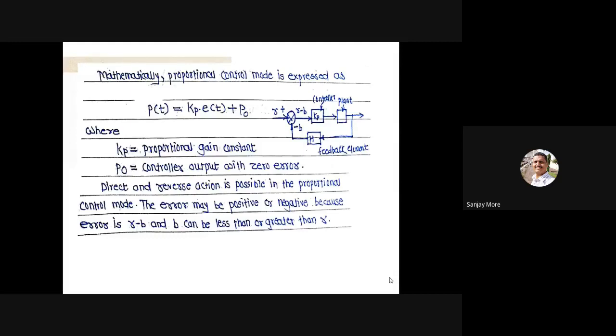Then write down: direct and reverse action is possible in the proportional control mode.